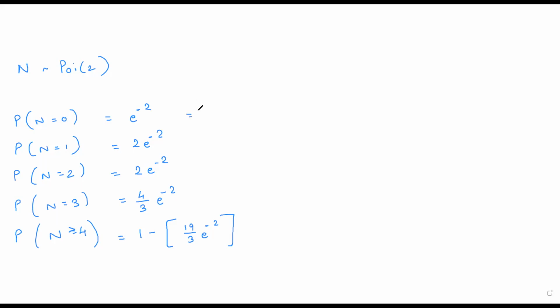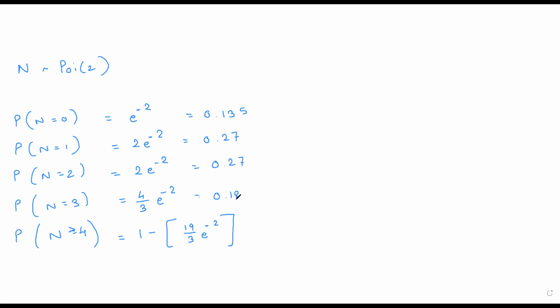Just taking it till, let's say, three decimal places, 0.135. This shall be 0.27. This shall also be 0.27, and this shall be 4 divided by 3, 0.180.